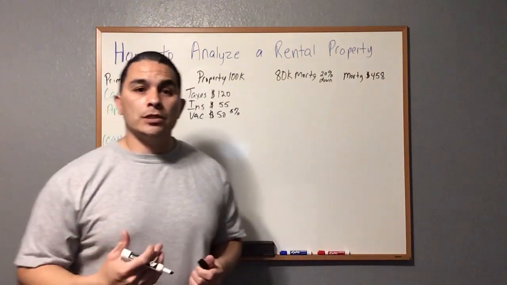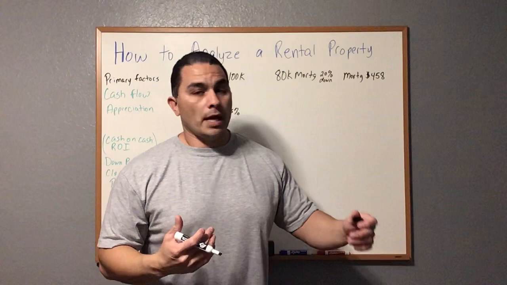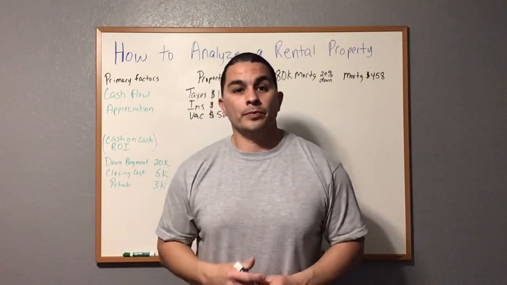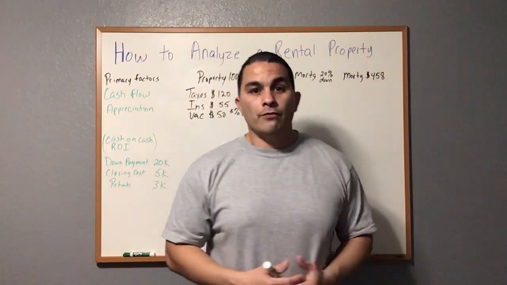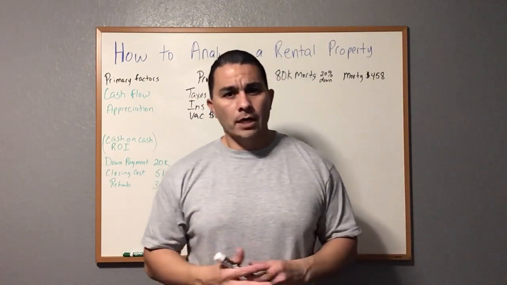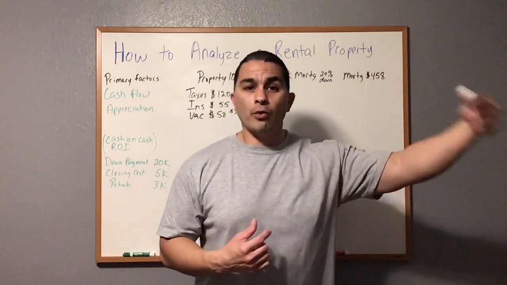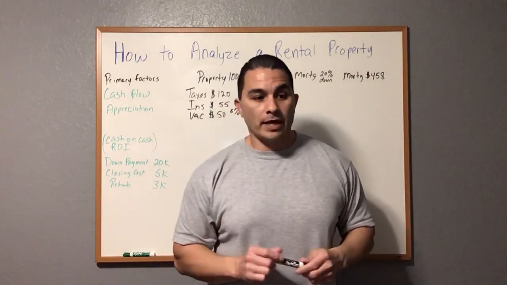Your vacancy is basically, say your tenant moves out and you have the property, say you had the property for a year and you put $50 away for a year. I think that comes up to about $600, if I'm correct. So then that would cover that mortgage for the following month until you get somebody else in there. That's why it's important to put vacancy in there.